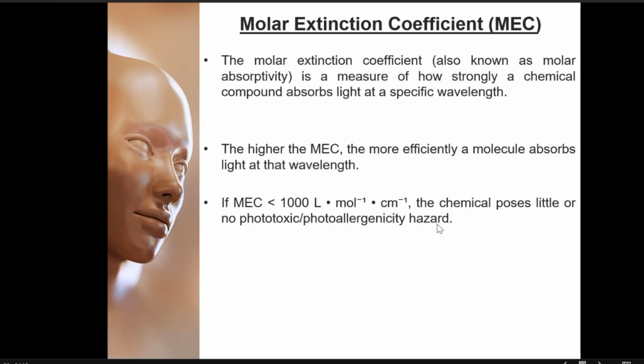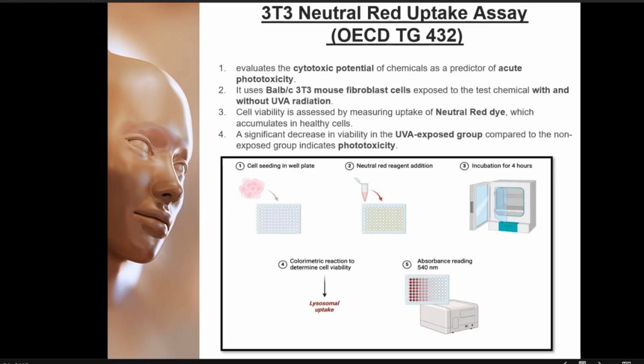So when you select any dermal compound, you first have to check its molar extinction coefficient. If it is less than 1000, then there is less chance of phototoxicity or photoallergy.